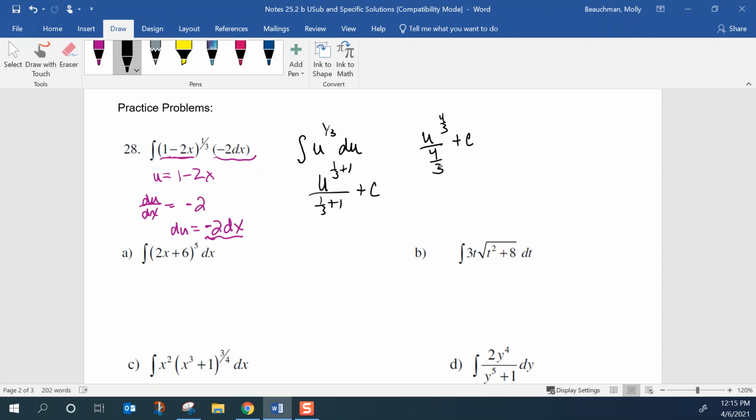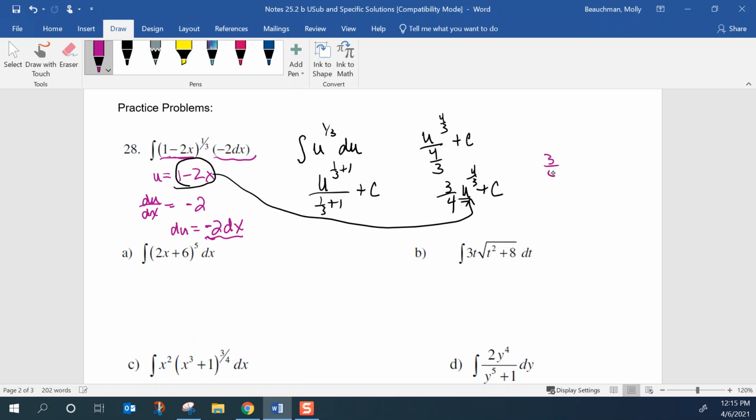Now last arithmetic step, dividing by 4/3 is the same as multiplying by 3/4. So 3/4 u^(4/3) + C. Once your integral is simplified, then take what you let u equal at the beginning and substitute it back in. So my answer now is 3/4 times (1 - 2x)^(4/3) plus the arbitrary constant C.